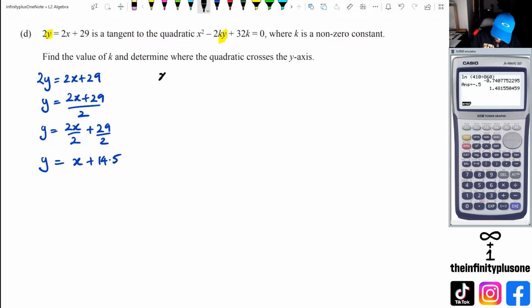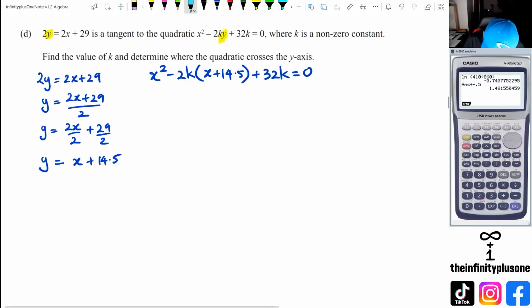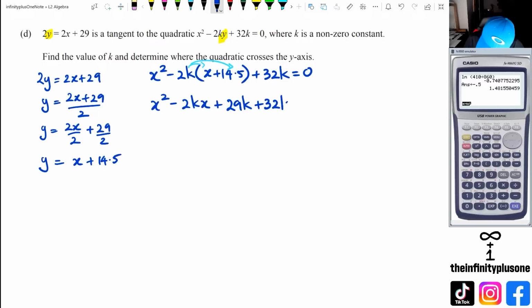With that in mind, I've got x squared minus 2k, with y equal to x plus 14.5, plus 32k equals 0. Expanding the brackets, I get x squared minus 2kx minus 29k plus 32k equals 0.